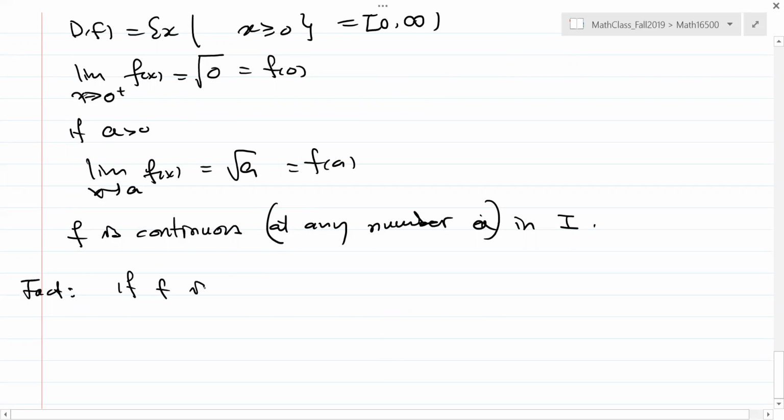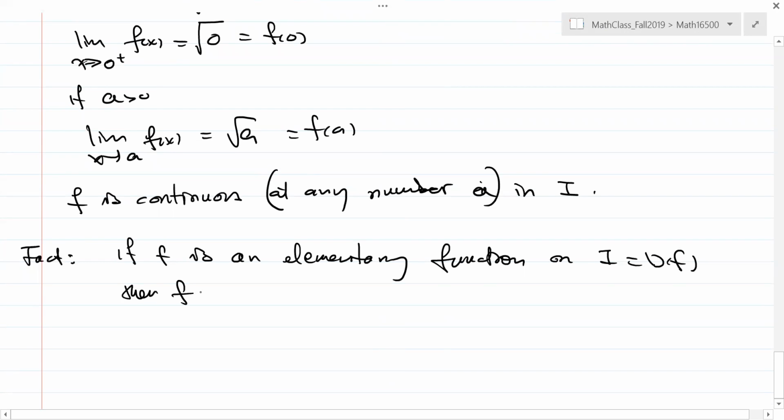If f is an elementary function on an interval, on its domain, right? The interval is going to be the domain of this function.